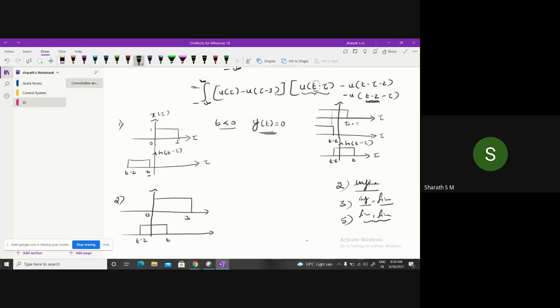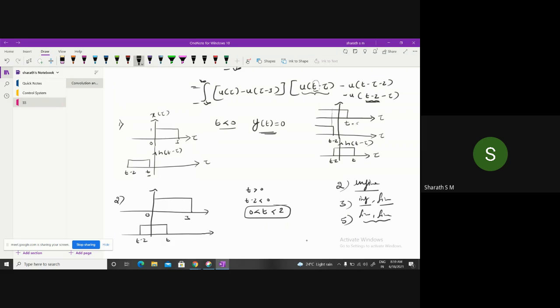That is t is greater than 0, and t minus 2 is less than 0. That's the condition here. T should be greater than 0 and this should not cross 0. So t minus 2 is less than 0, which means t is in between 0 and 2. So this is the limit for the second case.